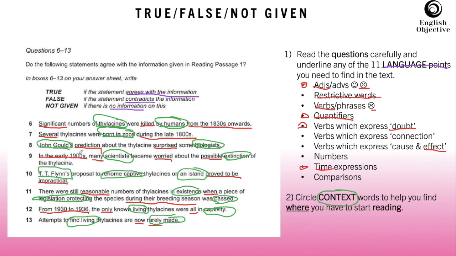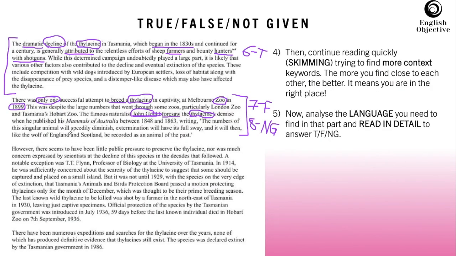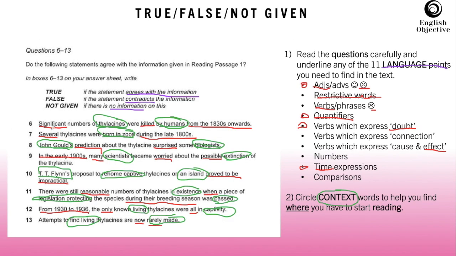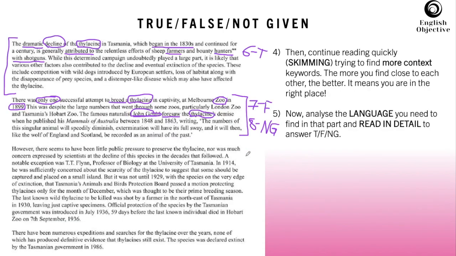Let's see if I can find the numbers first. As I said before, let's continue reading and see if I can continue finding the questions in order. And also, I'm going to have a look at the other keywords that I have, that is scientists and extension. So let's go for the scanning bit.